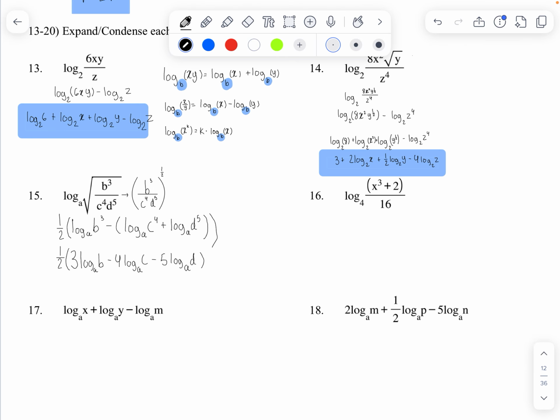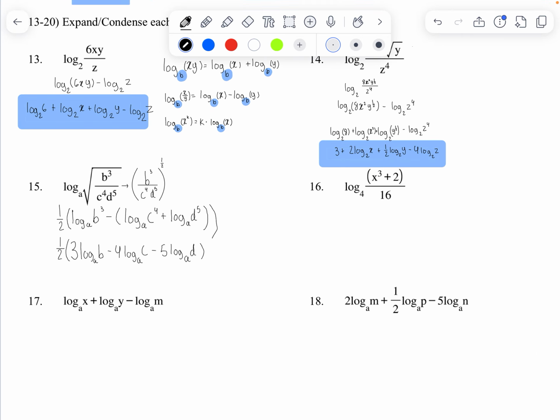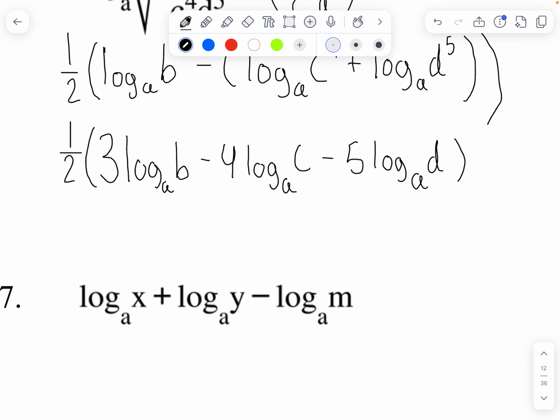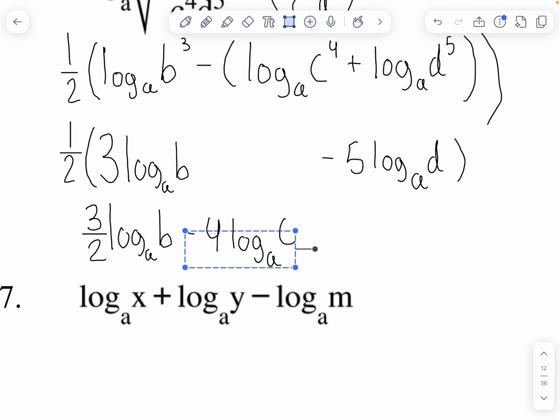So this is our second one, and time for the last step where we multiply out everything. Three over 2 times log a of b, and then minus 2 log a of c.